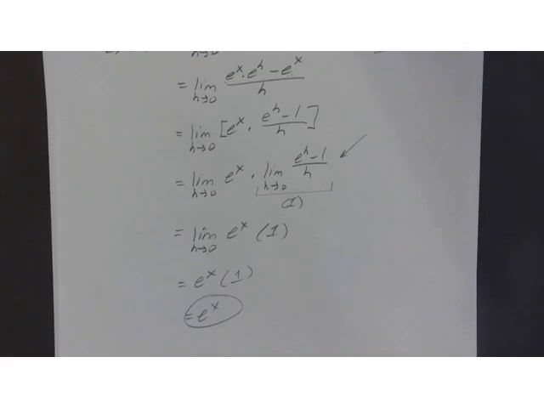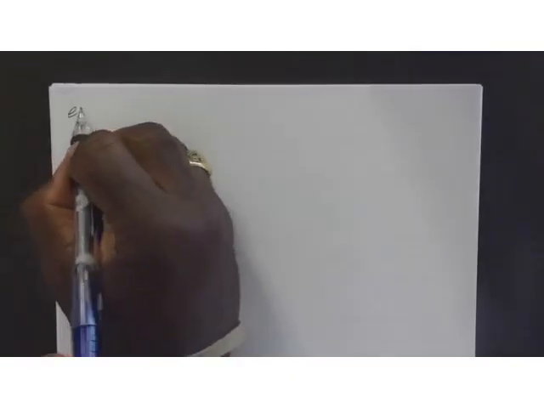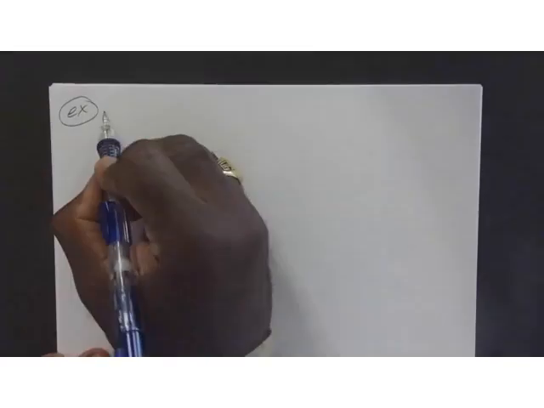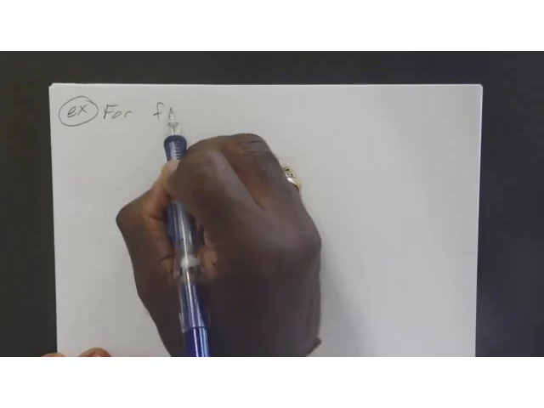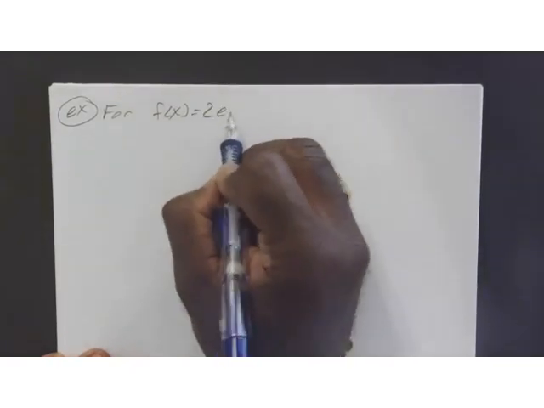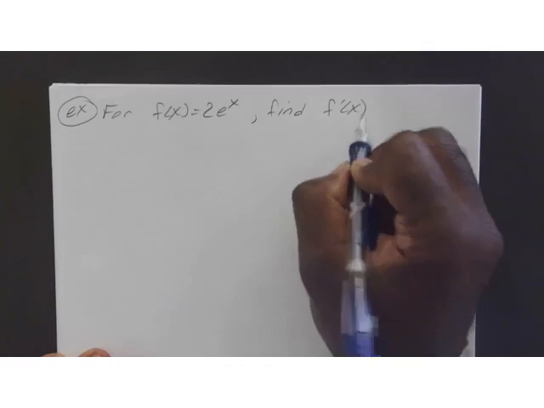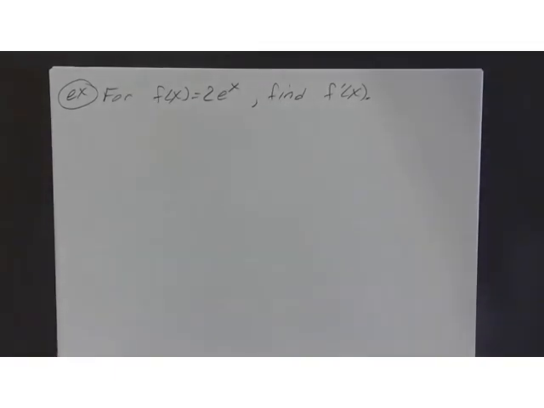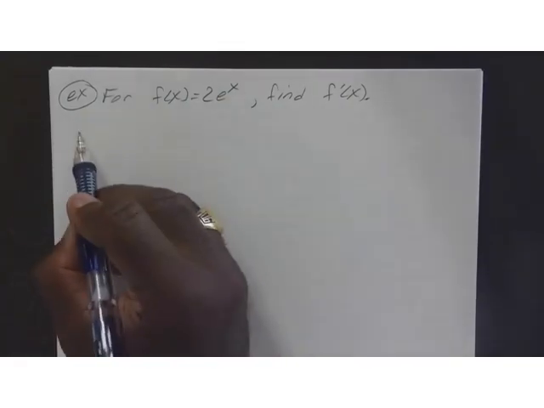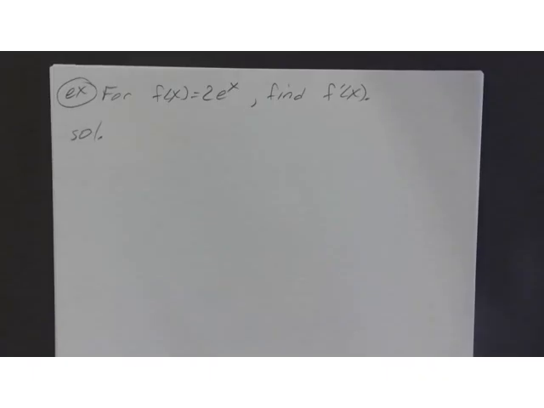All right. So let's say, for example, f of x is equal to 2 times e to the power of x, I want to find f prime of x. Okay.